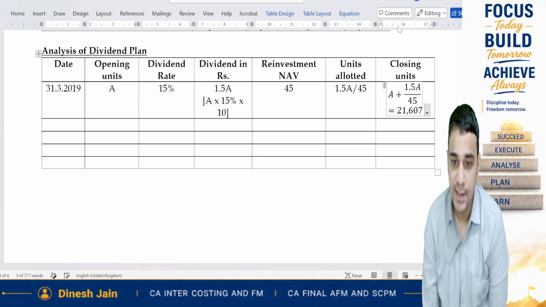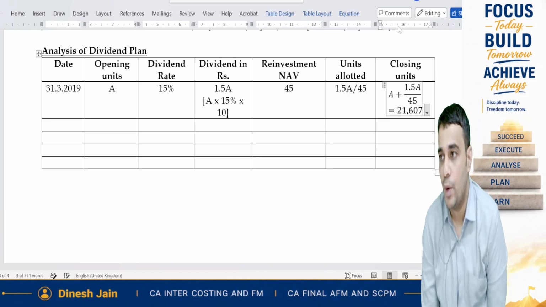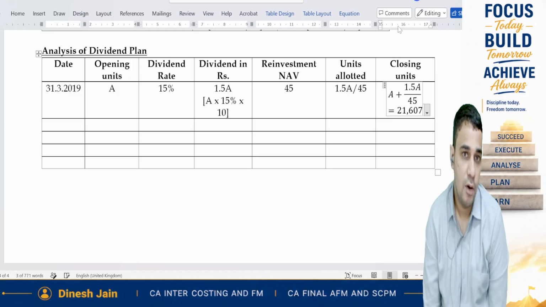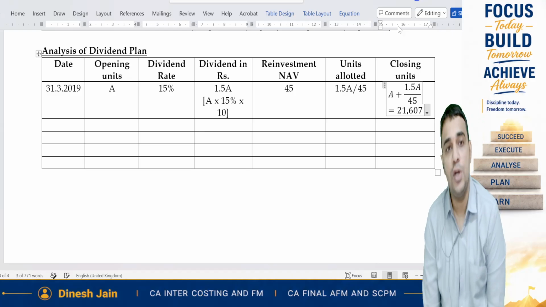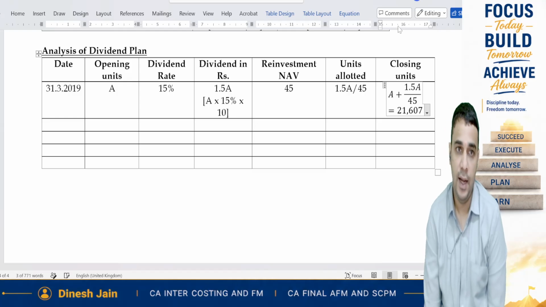Leave some 5 lines, come down and solve this and let me know what is A. Any doubts on the number here?